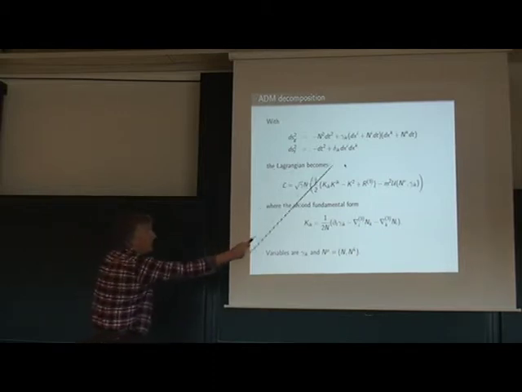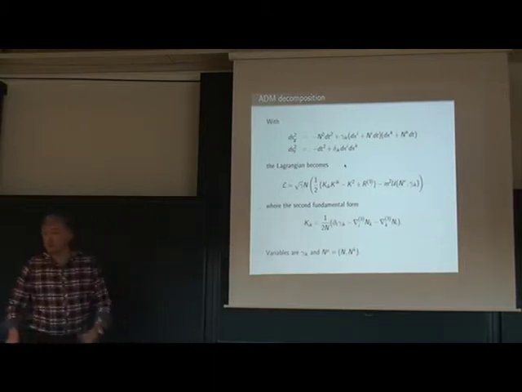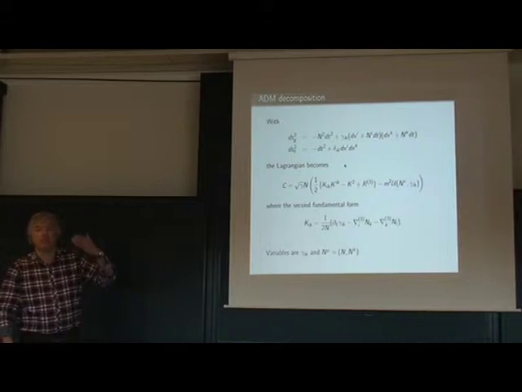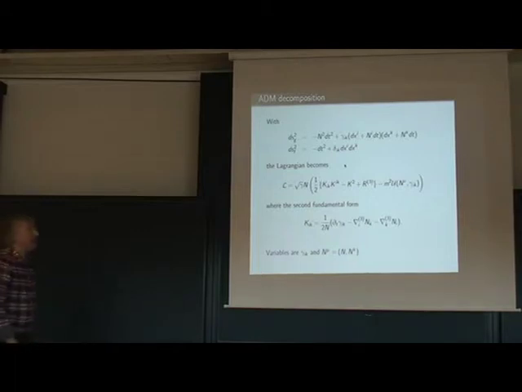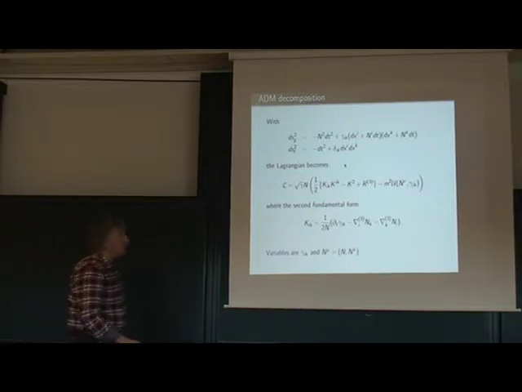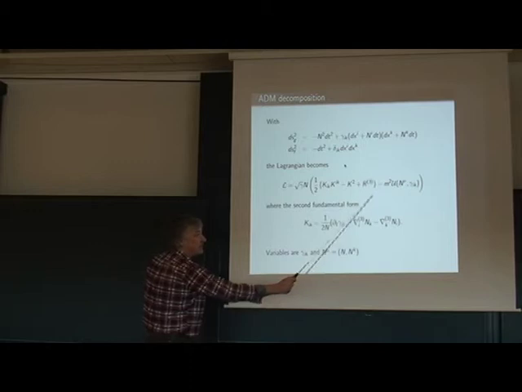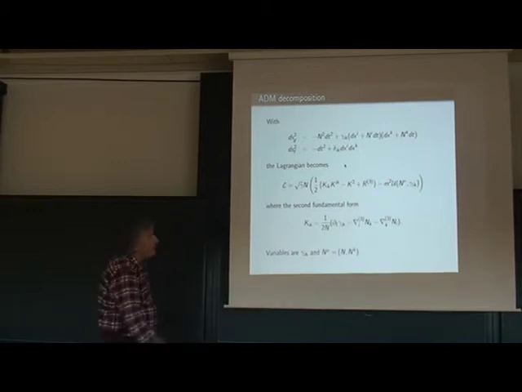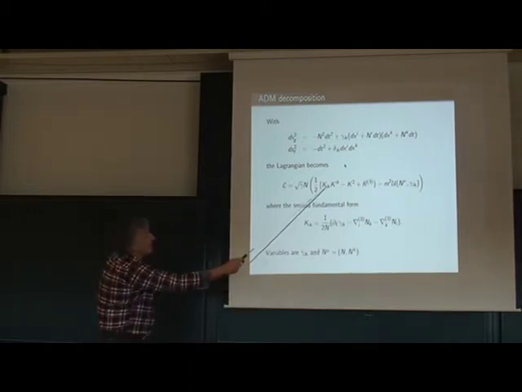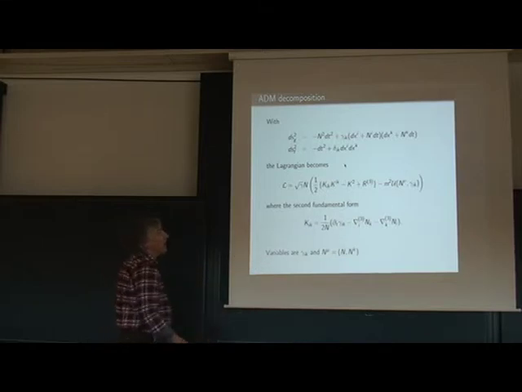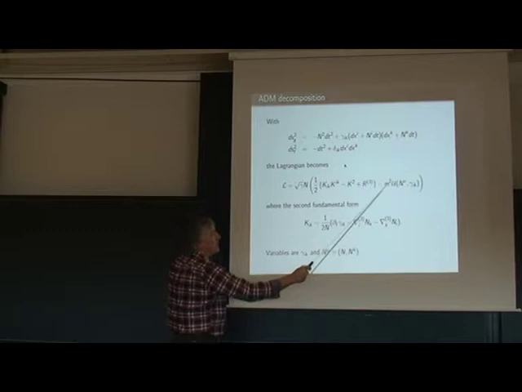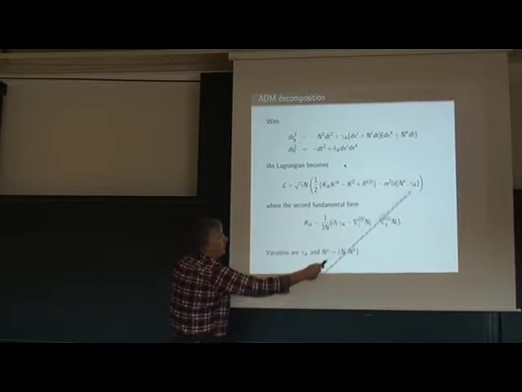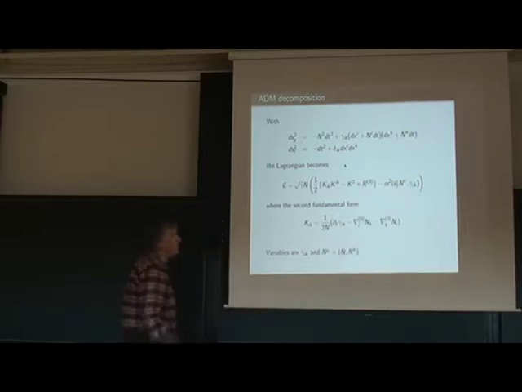Whereas the reference metric is chosen to be just flat, which means the unitary gauge. With this parameterization, the Lagrangian assumes the standard form. There is a part which is exactly the same as in general relativity, expressed in terms of the second fundamental form. And also there is a potential term, which is proportional to m squared, and this potential depends on gamma and on lapse and shifts.